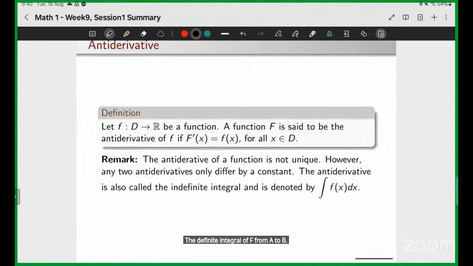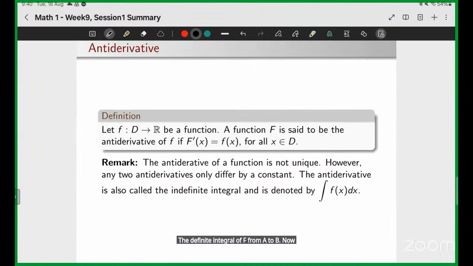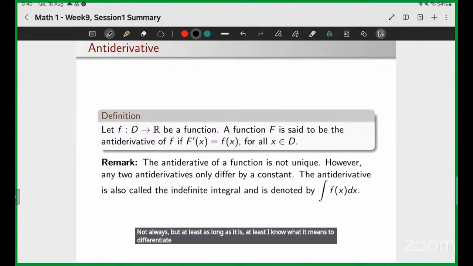Now, as I was saying earlier, there is also an interpretation of the integral as the reverse of differentiation. Given any function, I know how to differentiate it, as in not always, but at least I know what it means to differentiate a function.